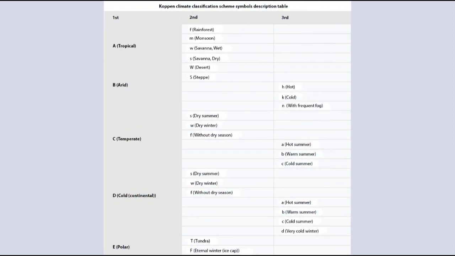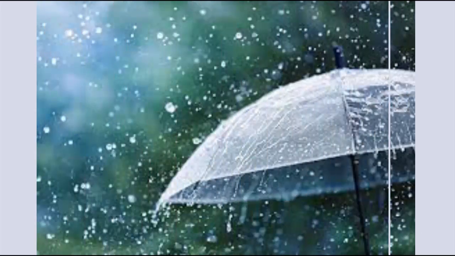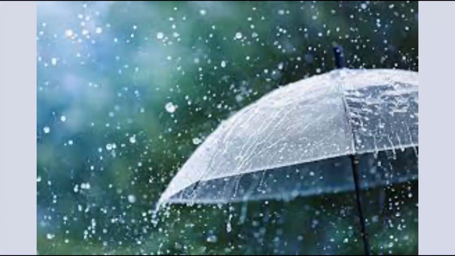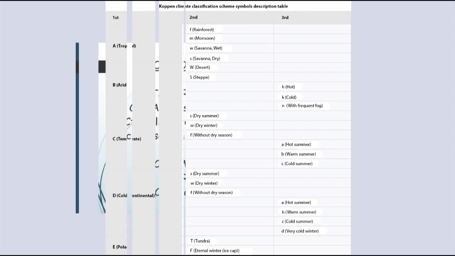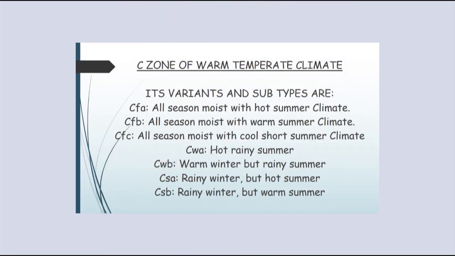The alphabet C represented warm temperate climate that was humid microthermic in nature. That is, areas that were differentiated by rainy conditions, but they tend to be humid throughout the whole year. So in this climatic condition, they were mainly differentiated by precipitation, with rainfalls of different types. CFA, CFB, and CFC had moisture conditions all year round.